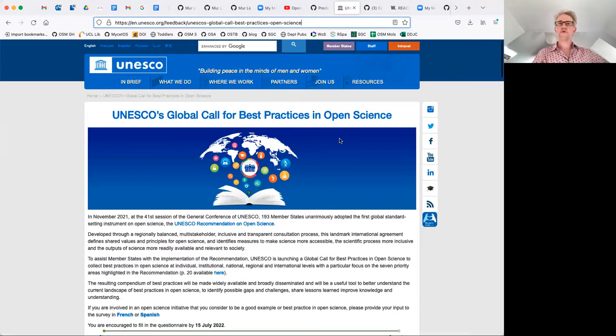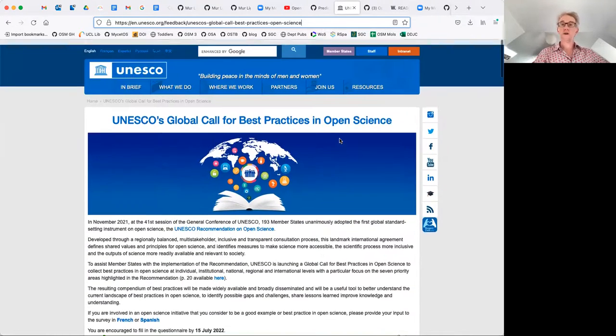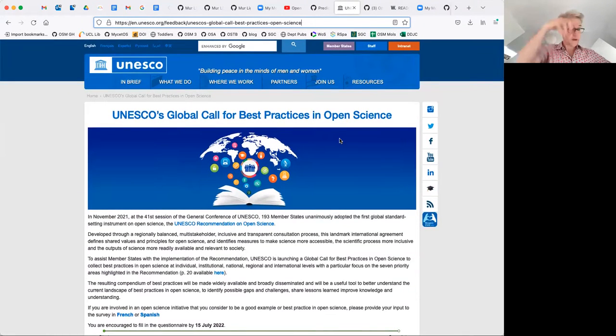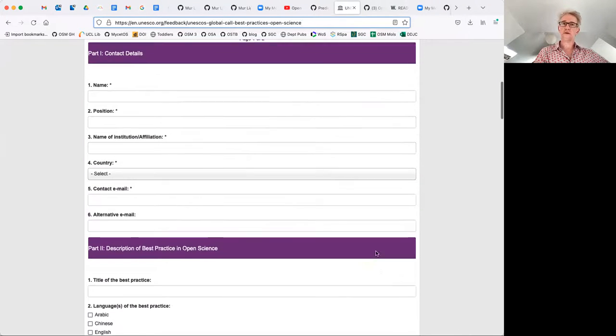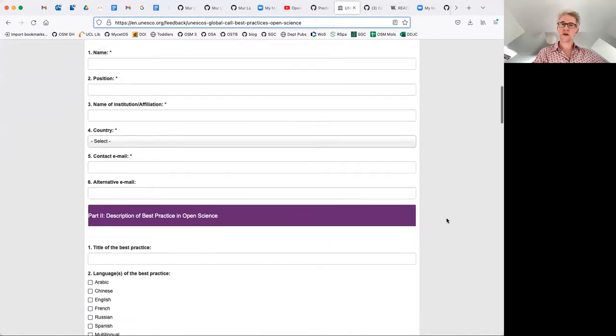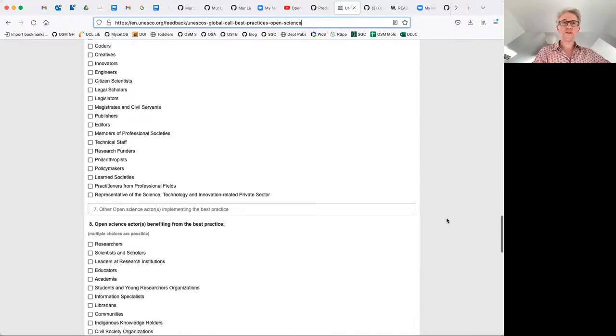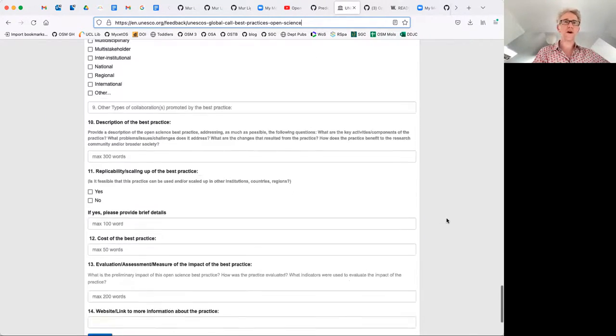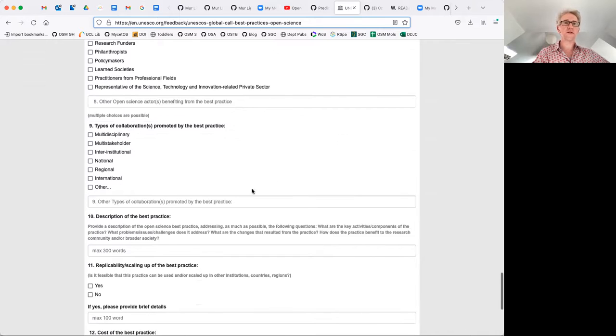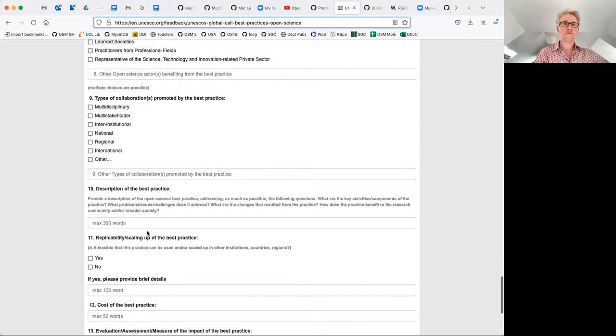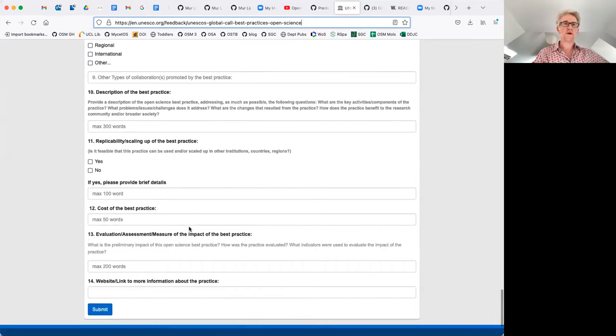Here it is. I have it open. They're asking for a call for best practices in open science, and I think we are a really good exemplar of this, addressing something that's really important. I'm assuming no one else has already done this, and the text I would write is some free text down here, which is like 300 words on best practice.